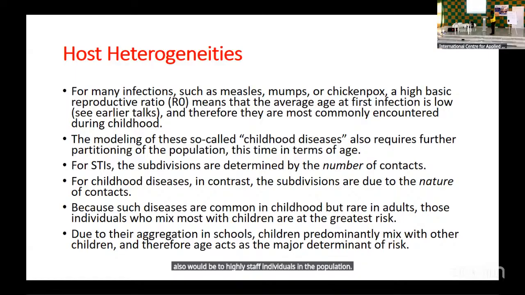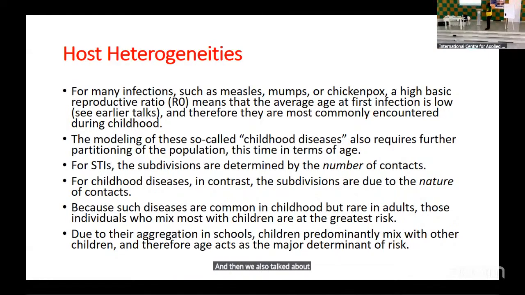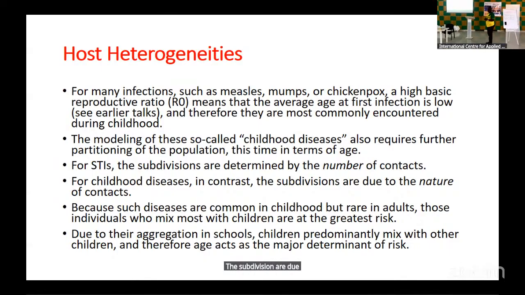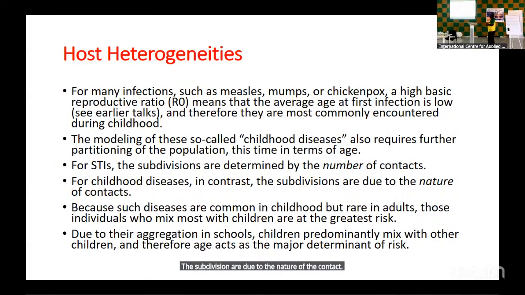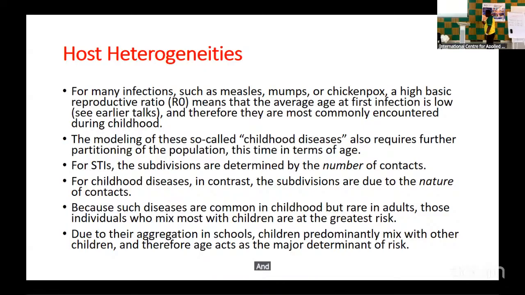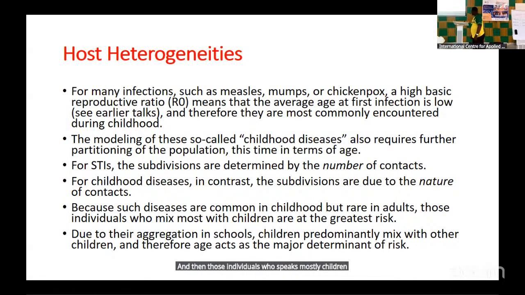For childhood diseases, in contrast, the subdivisions are due to the nature of the contact. Because such diseases, like measles and mumps, are common in childhood but rare in adults, they are most common among children, and those individuals who mix most with children are at great risk.